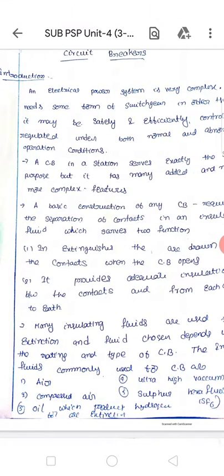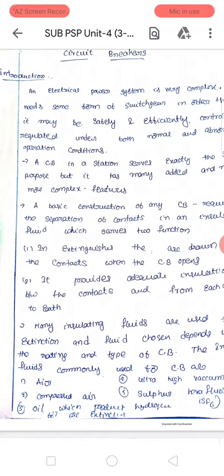First one is to extinguish the arc drawn between the contacts when the CB opens. When a fault occurs in the system, the circuit breaker opens to remove the arc. Extinguish means removing the arc. That is the first function of a circuit breaker.